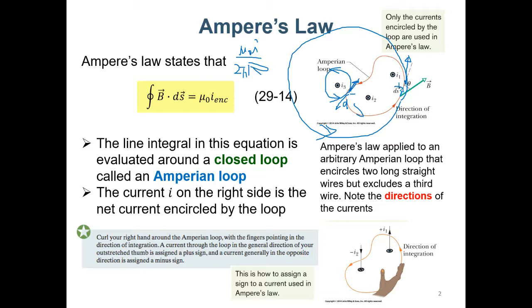So overall, for I3, these line integrals will be 0, as long as this is outside the loop, and I1 and I2 are inside the loop. So we only count I1 and I2, and the positive or negative depends on the direction, and follows the right-hand rule.